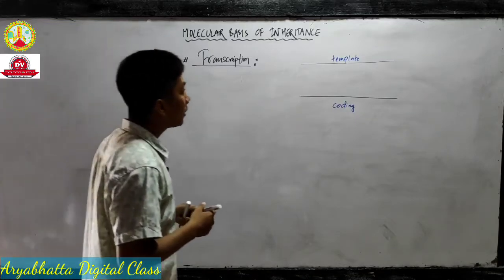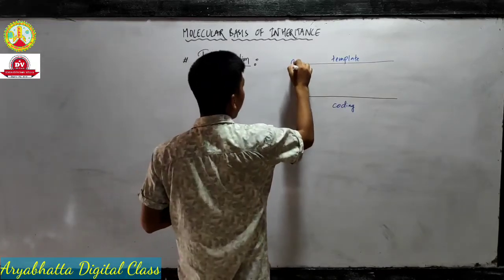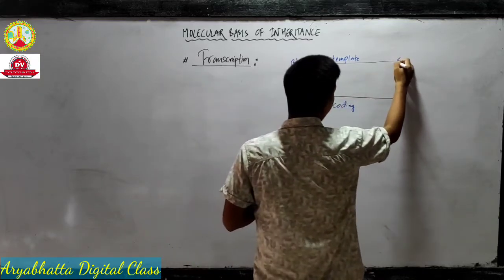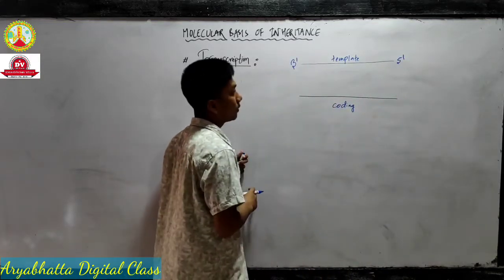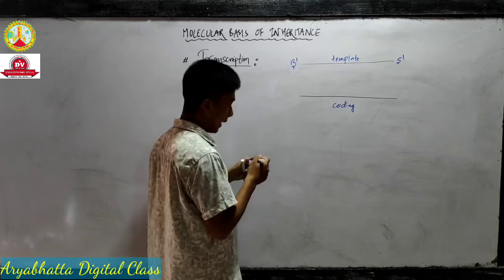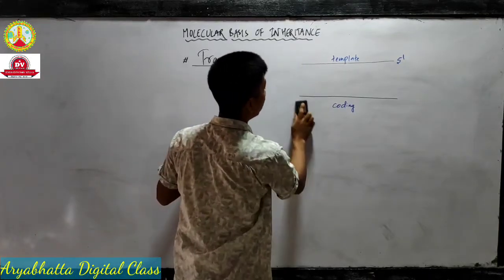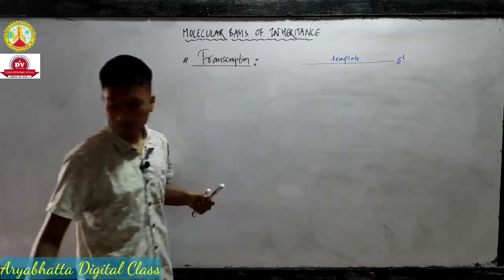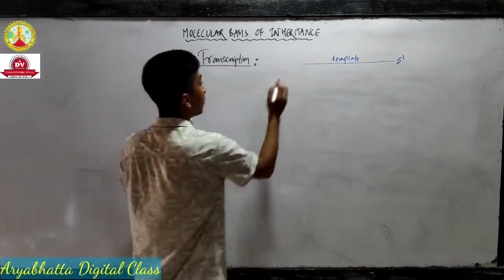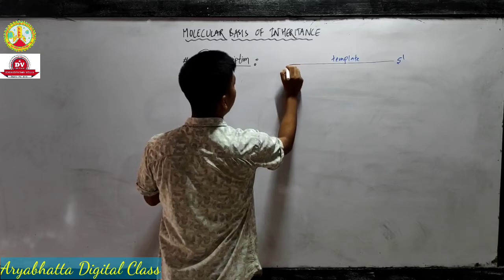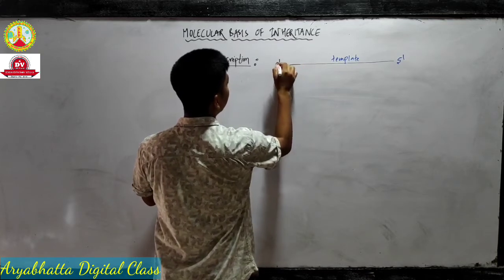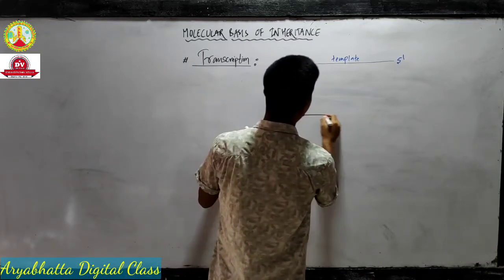The template strand contains 3 prime and 5 prime. Let me make it big. The template strand is going to have a 3 prime, then 5 prime.